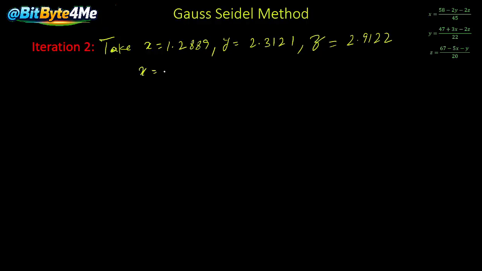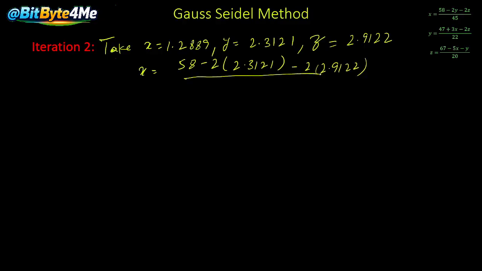So x is equal to 58 minus 2 into y value, which is 2.3121, minus 2 into z value, which is 2.9122.